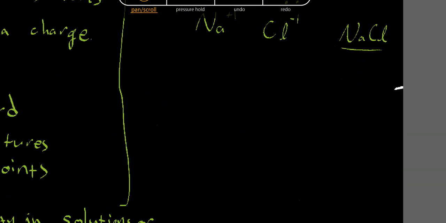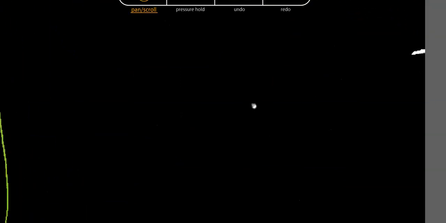Let's go ahead and do magnesium bromide. So I'll start with magnesium because that's going to explain why we have MgBr2.